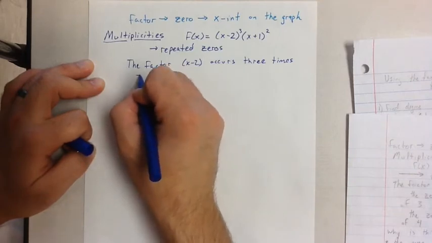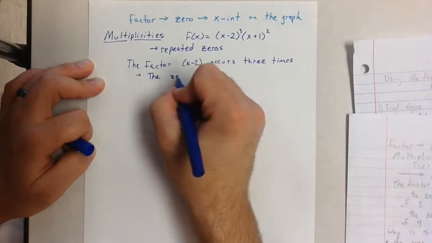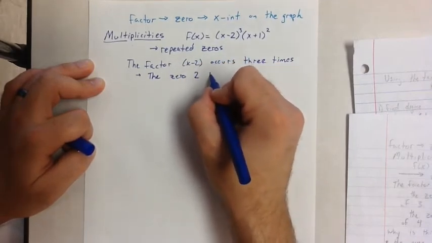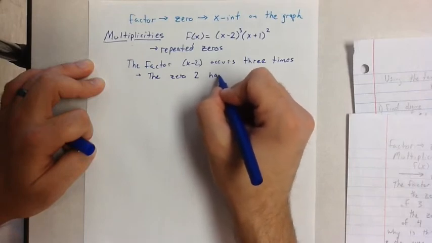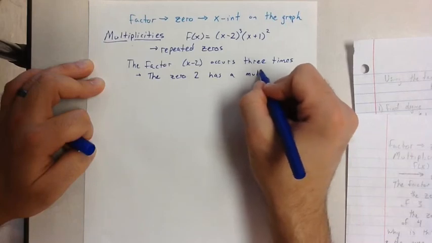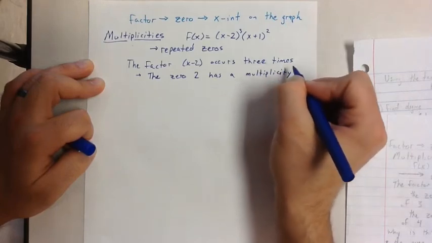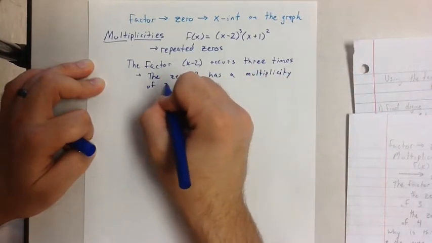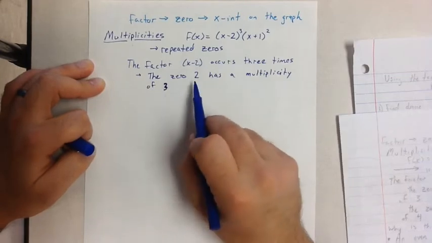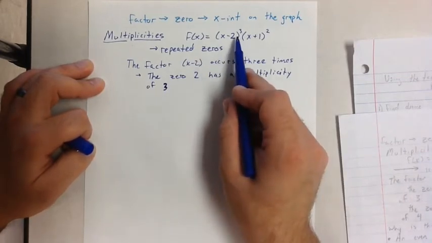Therefore, what we say is the 0, 2, which we get from that factor, has a multiplicity of 3. So we're saying that the 0 of 2 is repeated 3 times.